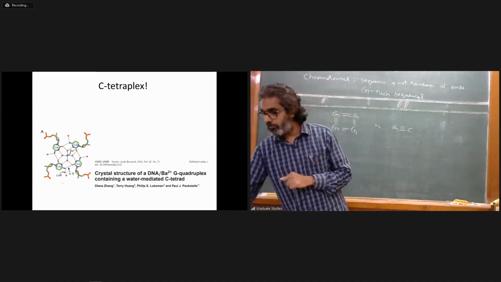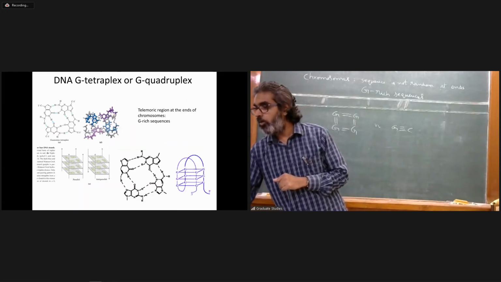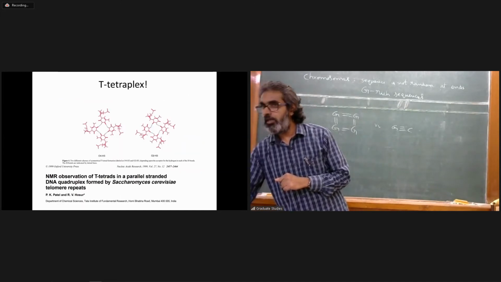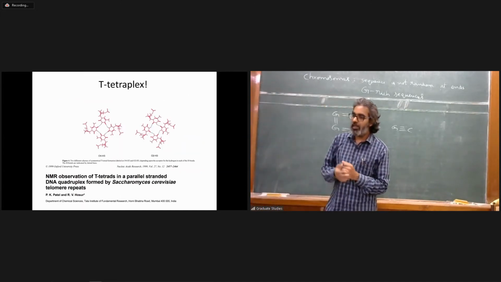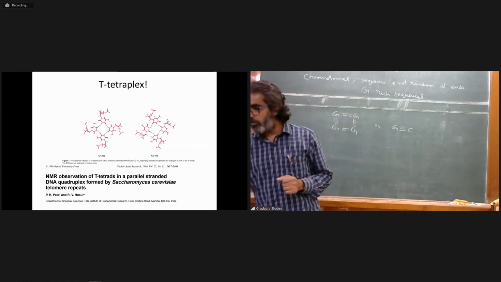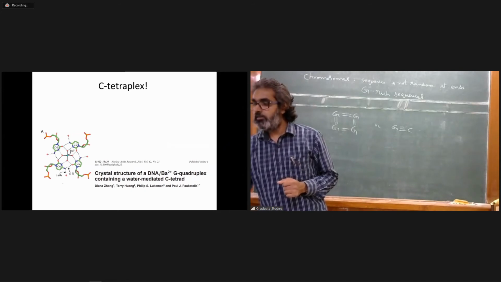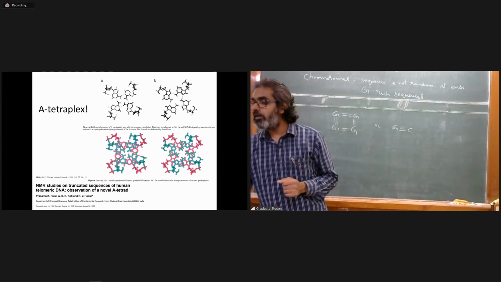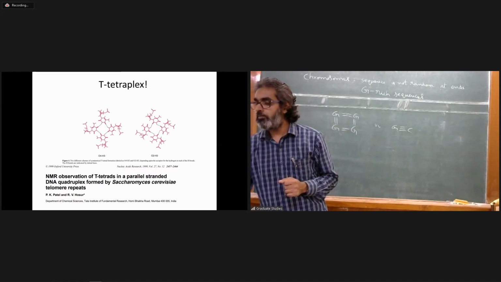All these tetraplexes have a central hole, if I can call it that. For G it is very clear: in the central hole you need to put a metal ion to stabilize this stack. If you imagine a pentagon or hexagon, then the central hole is large enough that you can't put one metal ion stabilizer.